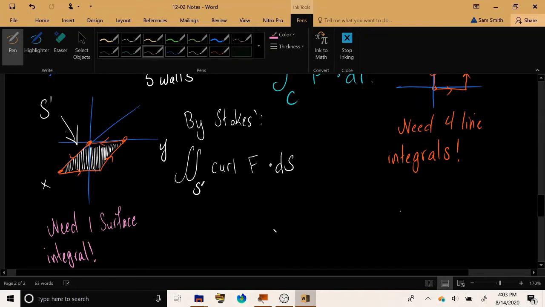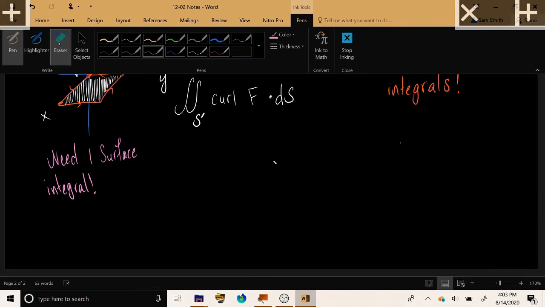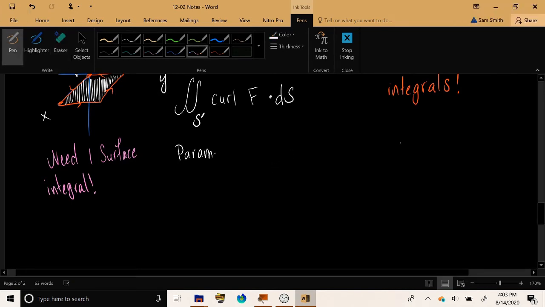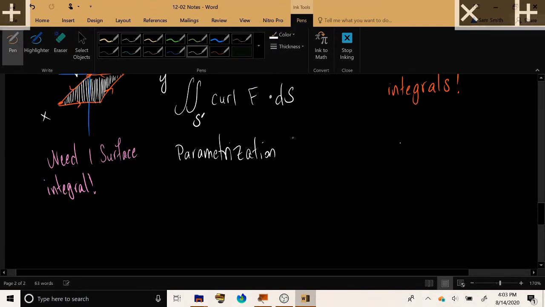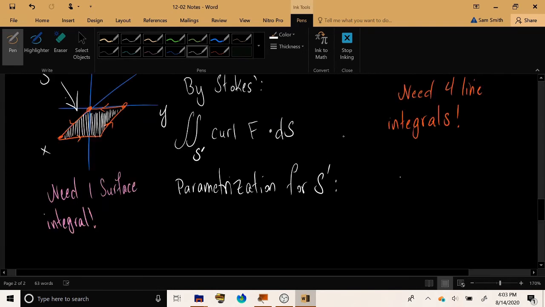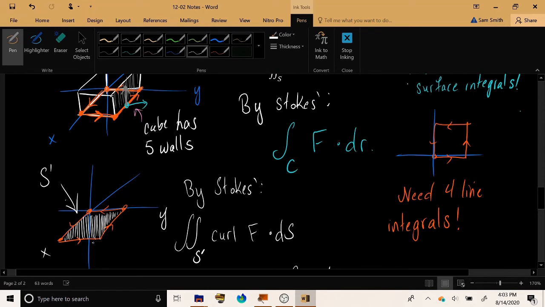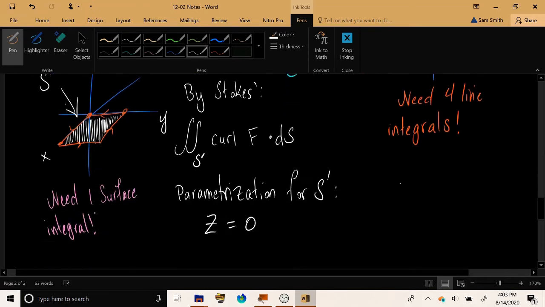Alright, so let's get a parameterization for S prime. And this one comes pretty cheap because the z coordinate is constant at 0, and this bottom of the cube lies entirely in the xy plane.